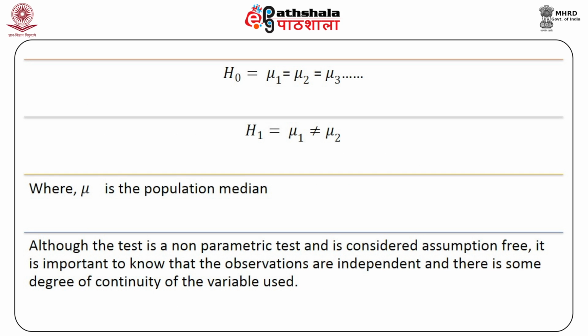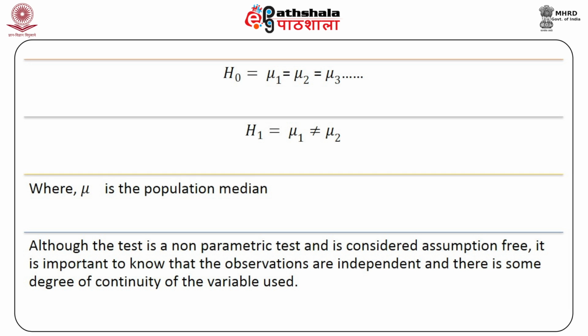The null and alternative hypotheses that the Kruskal Wallis technique tests are H0: phi 1 equal to phi 2 equal to phi 3, and the alternative hypothesis is that phi 1 is not equal to phi 2, where phi is the population median.